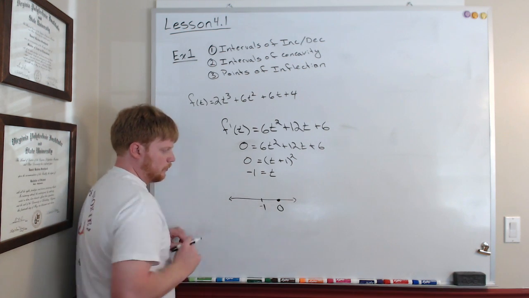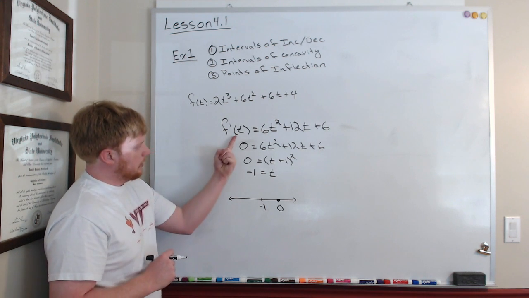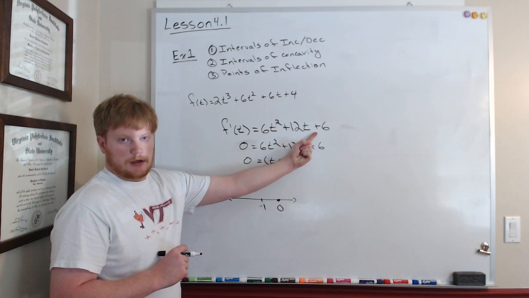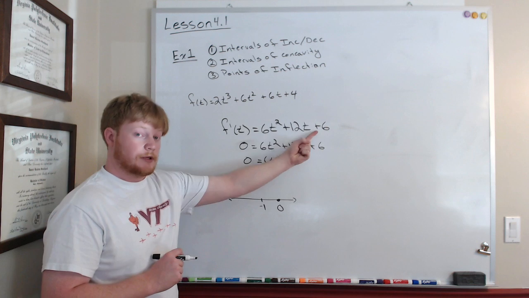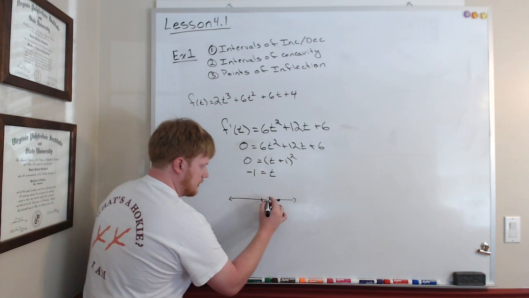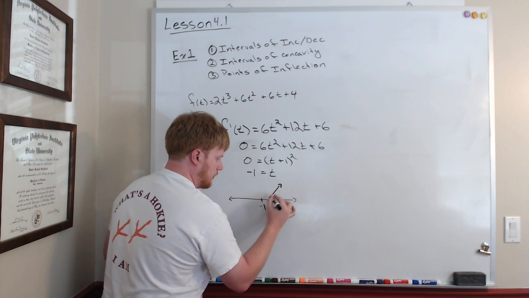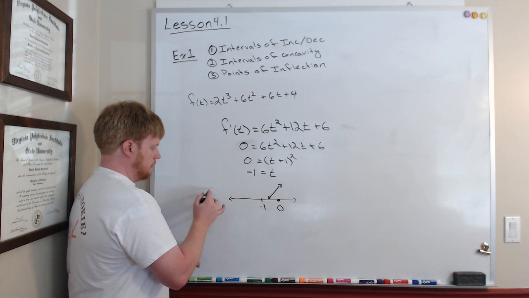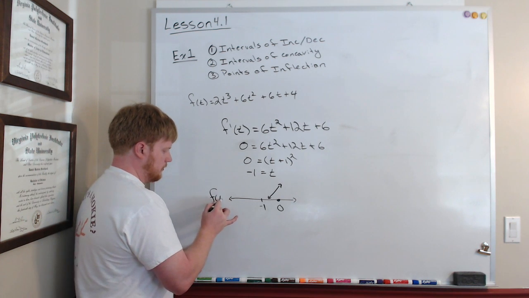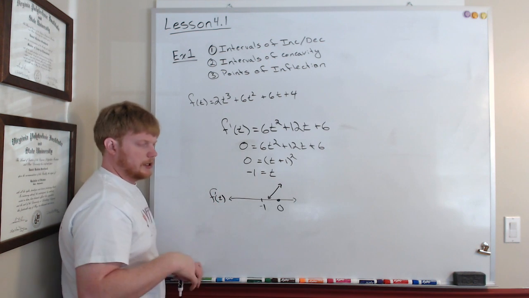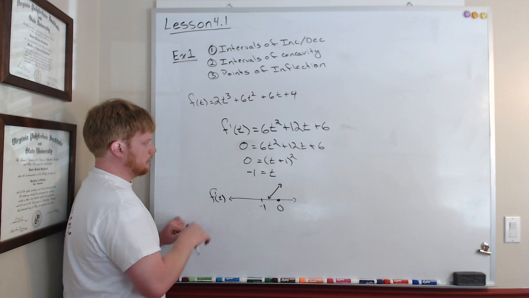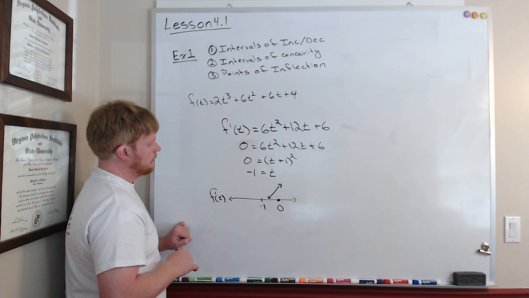Okay, so how about when t is 0? When I plug 0 into here, the derivative is 6, which is positive, which means the graph must be increasing. I'm going to label this number line as f prime. Okay.